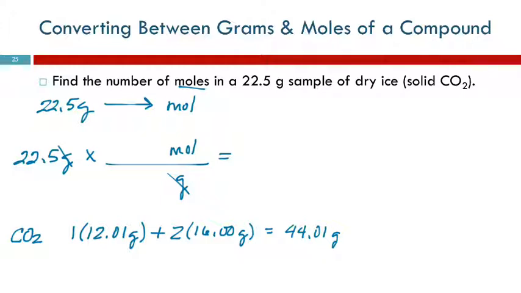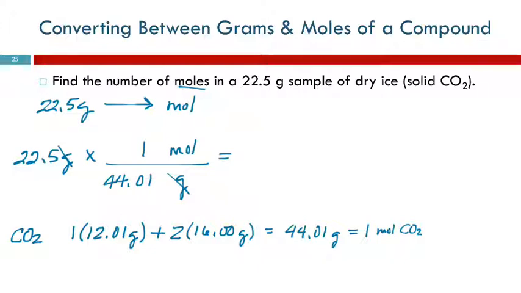So that is the mass of 1 mole. That many grams is equal to 1 mole of CO2. So that's the conversion factor I need: 1 mole of CO2 weighs 44.01 grams. So I've got 22.5 divided by 44.01.